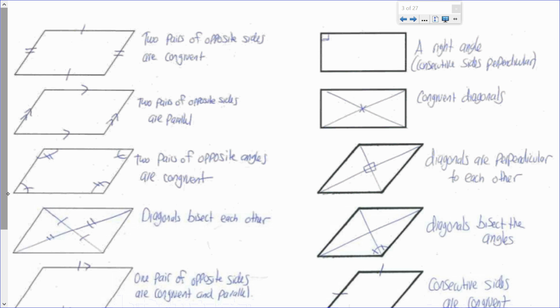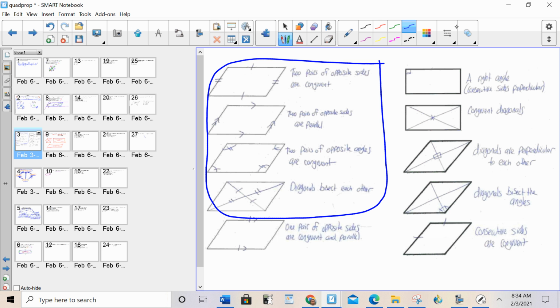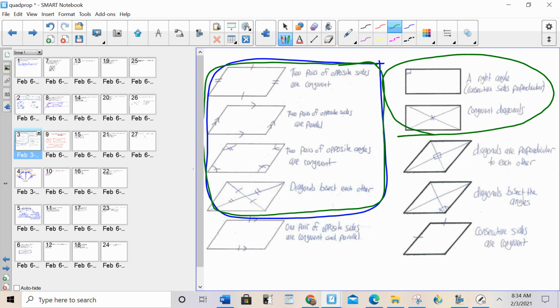So, in order for something to be a parallelogram, it needs to have one of these 4. Period. In order to be a rectangle, it needs to first be a parallelogram. So it needs to first have one of these 4, or say that it's a parallelogram, and have one of these 2. That's how I would prove something is a rectangle.